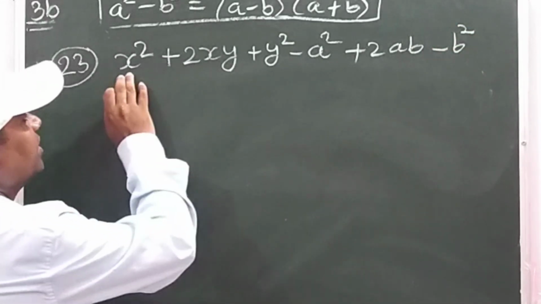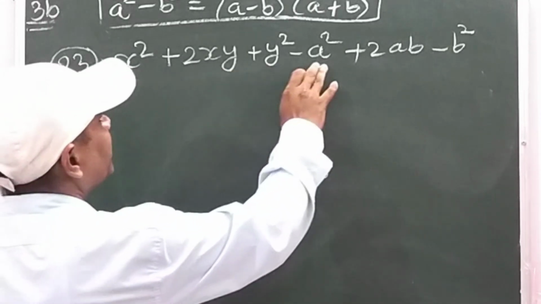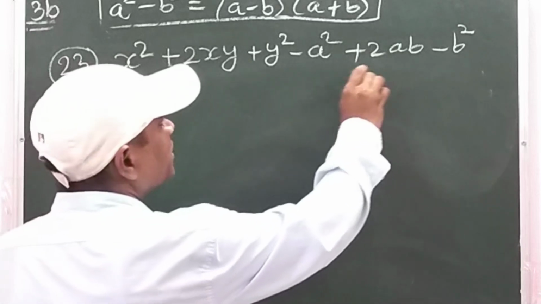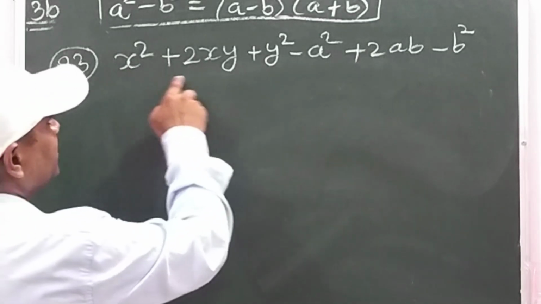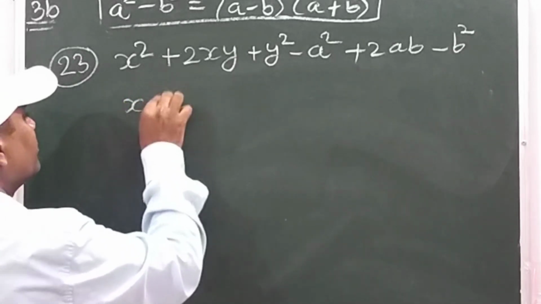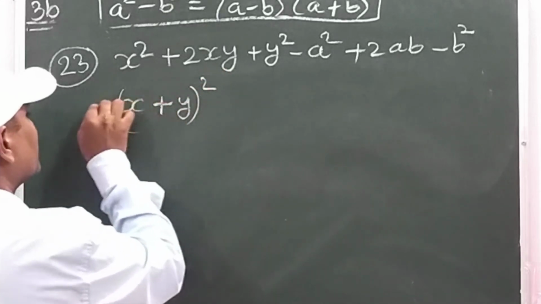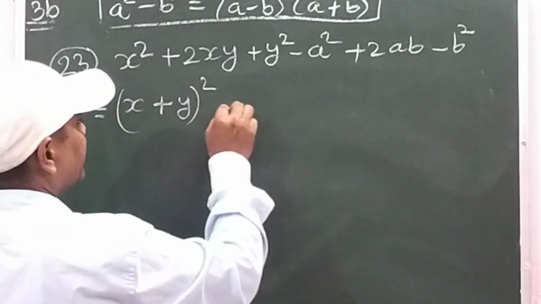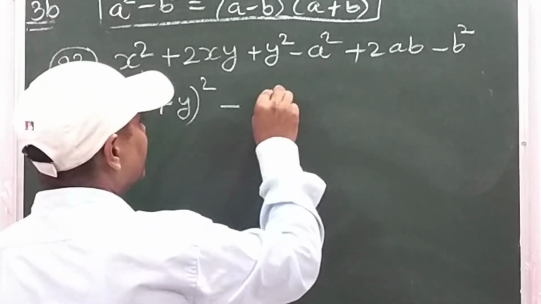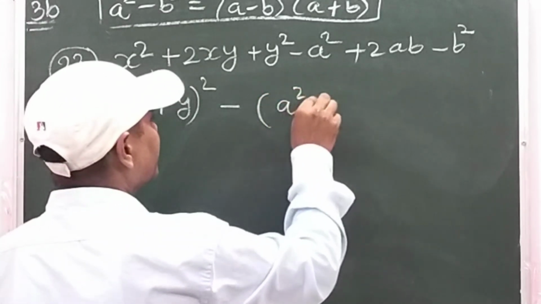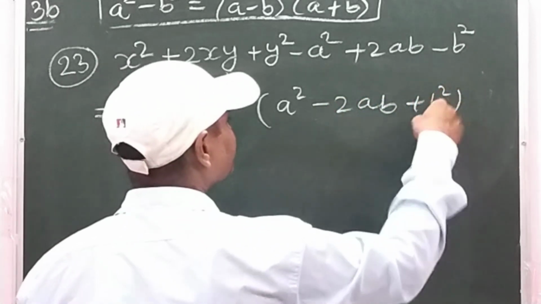So here we can see we have the question x square plus 2xy plus y square minus a square plus 2ab minus b square. If you see carefully, this is the formula of x plus y whole square, and minus this whole. If we take the minus common, it will become a square minus 2ab plus b square.